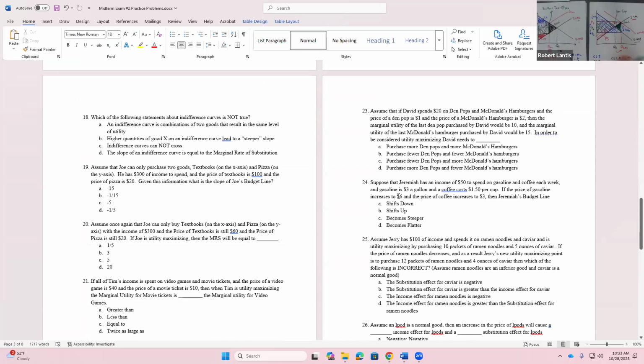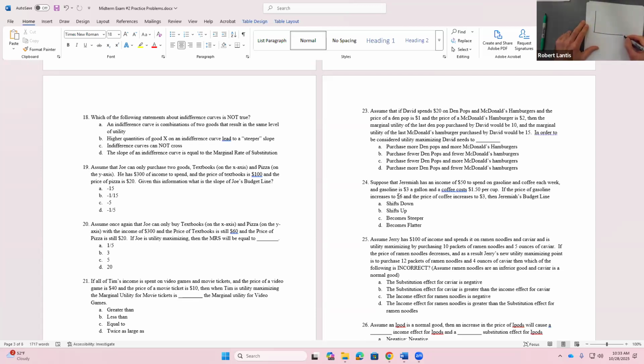Okay, so we're switching gears a little bit. If I'm thinking about 19, I've got prices, I've got income, and I'm asking you about the slope of your budget line, right? So there's a couple ways of doing this. Probably the easiest way would be to just remember this fact. We talked about it earlier.